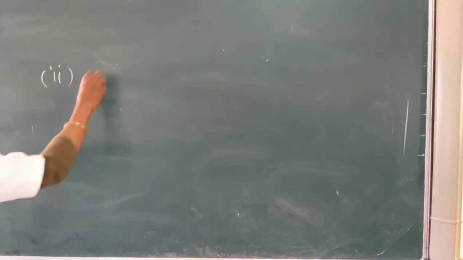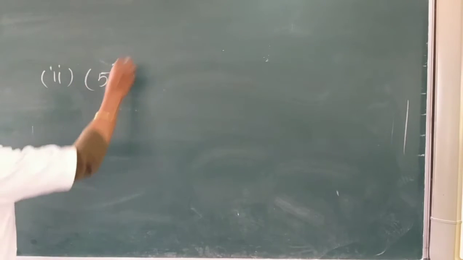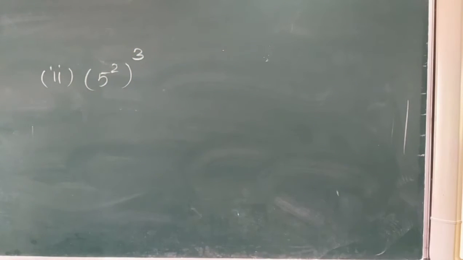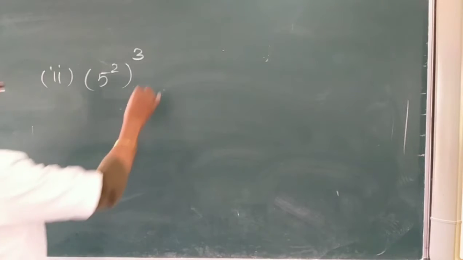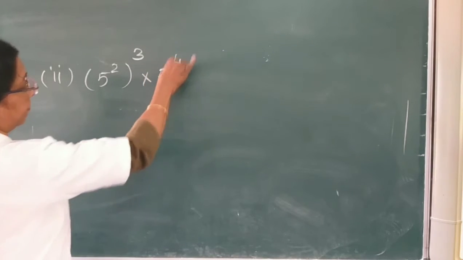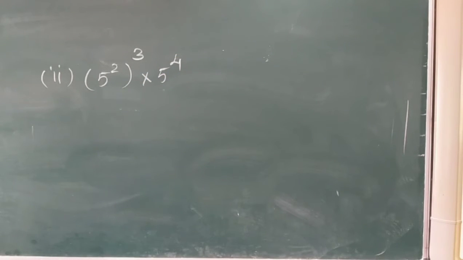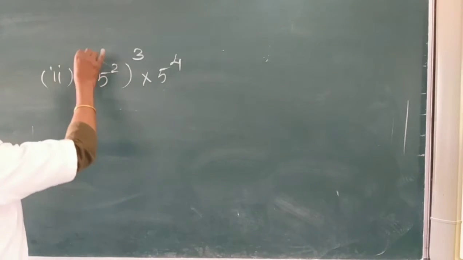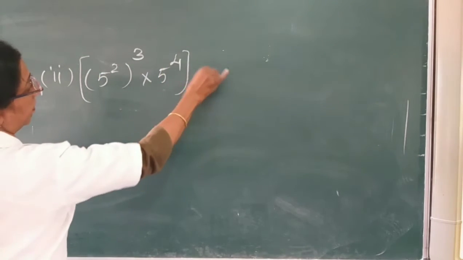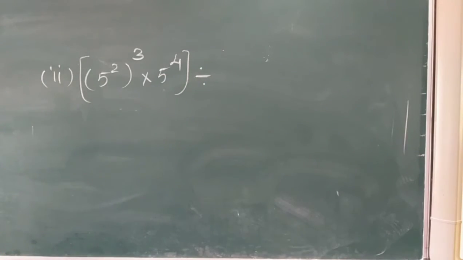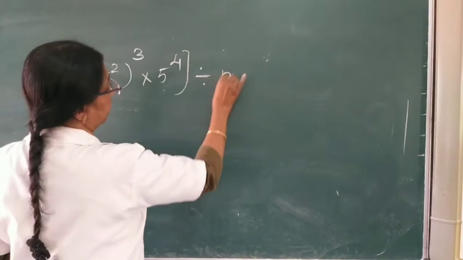Second question. 5 square the whole raised to 3 into 5 raised to 4 divided by 5 raised to 7.